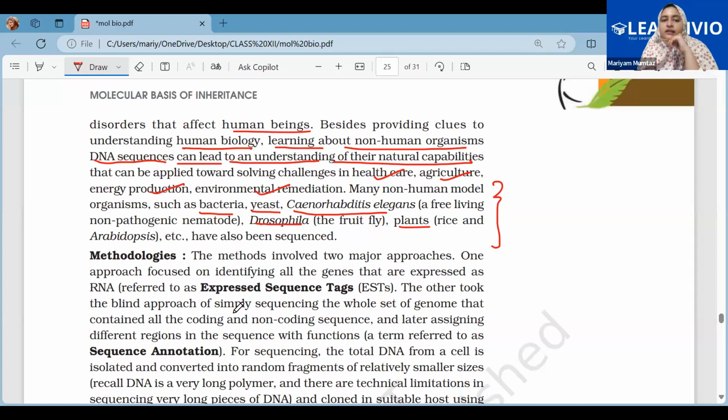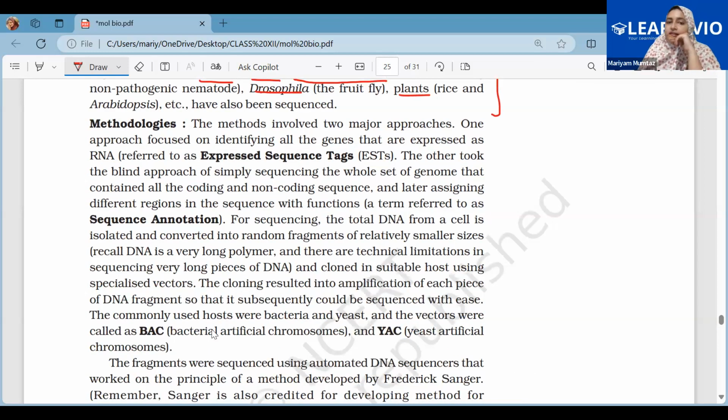All right. Now coming on to the methodologies, how this was done. So the method involved two major approaches. One approach focused on identifying all the genes that are expressed as RNA, meaning every single gene that is present in our human body in the form of RNA. We refer to this as the expressed sequence tags, ESTs, meaning all of the genes that are expressed as RNA.